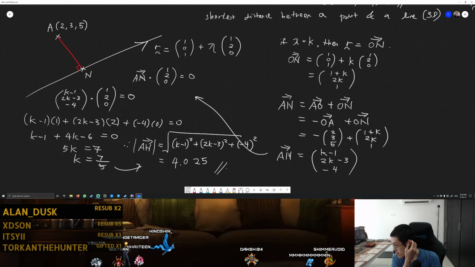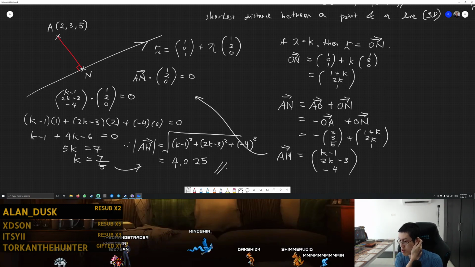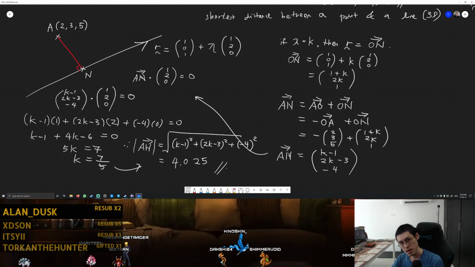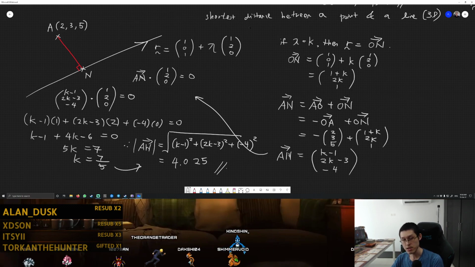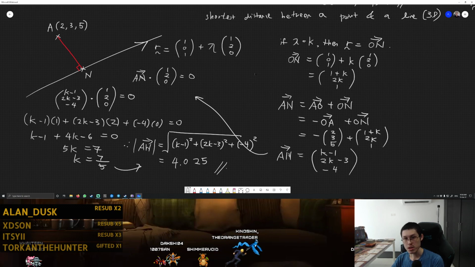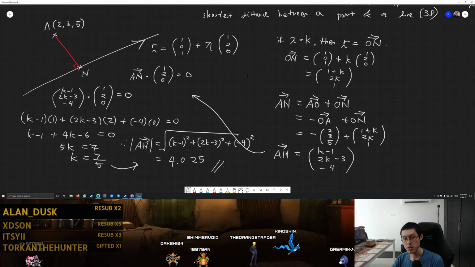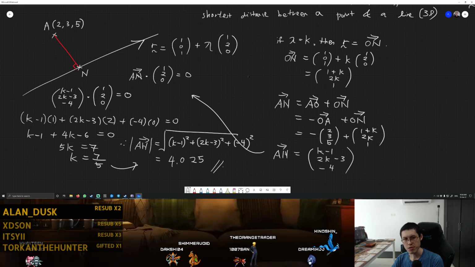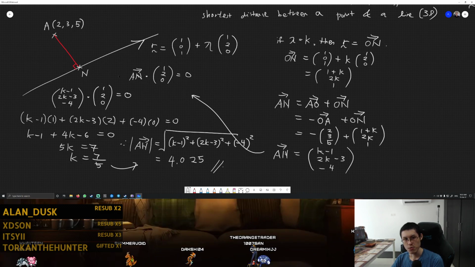If the shortest distance is 0, that means the point is on the line itself, which means you probably did something wrong. One thing I have to point out that you have to be careful with is that when you take the dot product, you should take AN and dot it with this and only this.